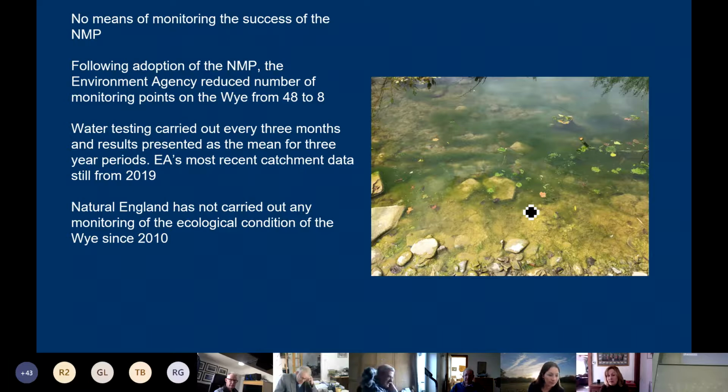And so consequently it wasn't able to capture any changes very quickly in what was going on in the river. And it's still the most recent catchment data on the Environment Agency's website is from 2019. So that reflects the mean data for 2017 to 2019. In addition, Natural England hasn't actually carried out any monitoring of the ecological condition of the Wye since 2010.